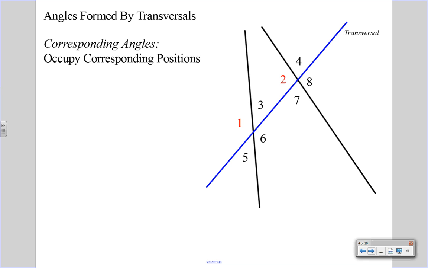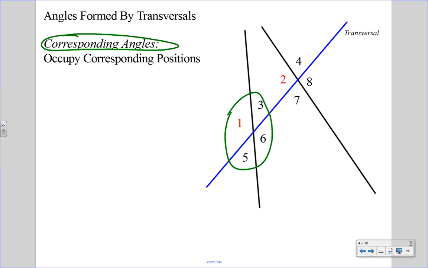Now the first thing we're going to talk about is corresponding angles. Corresponding angles are in the same location but different intersections. We have one intersection here and another intersection over here. So if we look at angle 1, it's in the upper left. And in the other intersection, angle 2 is in the upper left. So angle 1 and angle 2 are corresponding angles. They're in the same location, but different intersections.